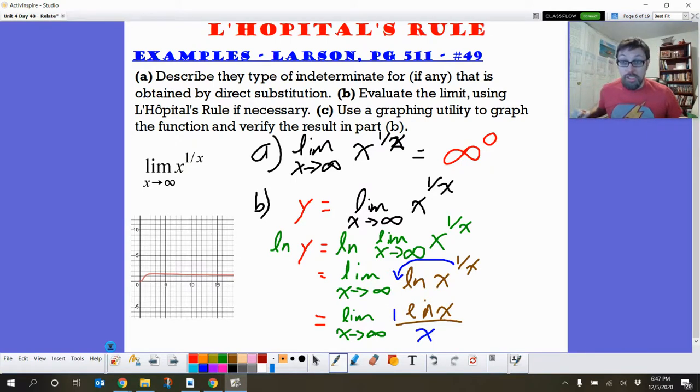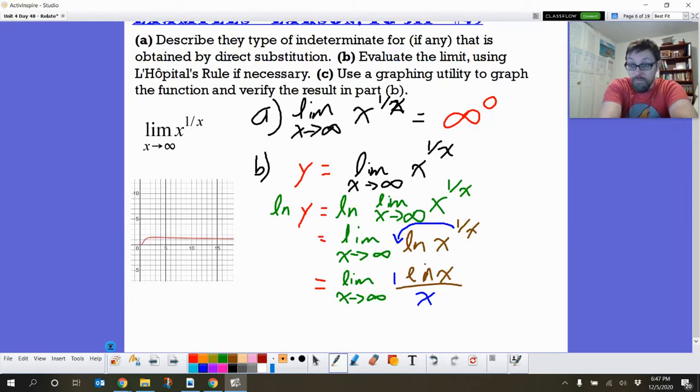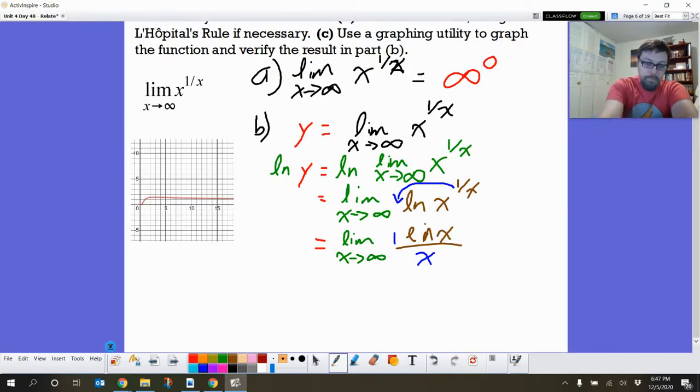Yes, L'Hopital! Now we can L'Hopital it because it's nice. It's one function over another function. So this equals the derivative of the numerator over the derivative of the denominator. The derivative of the denominator is going to be just 1, the derivative of x.